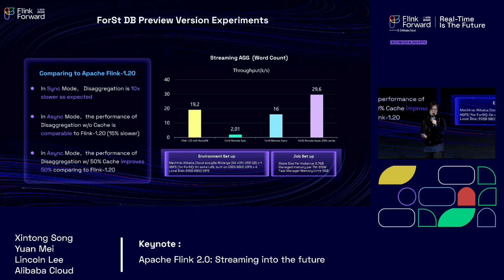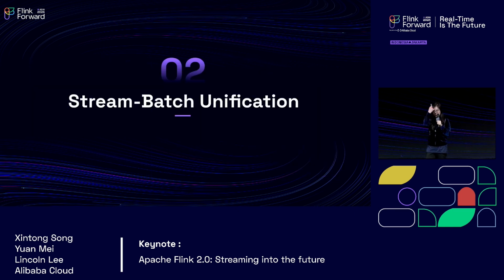That's amazing, right? If you're interested in how this amazing thing happens, just go check the technical docs. Or if you're interested, I also had a talk that is listed above. So that covers all that I want to mention in the streaming part. Next, I want to invite my colleague Lincoln for stream batch unification.